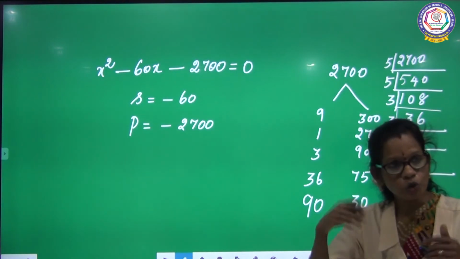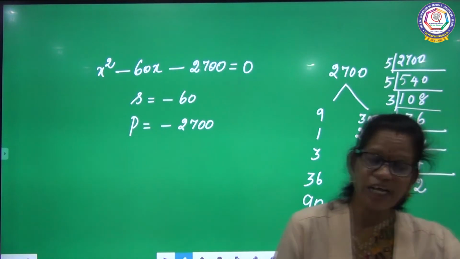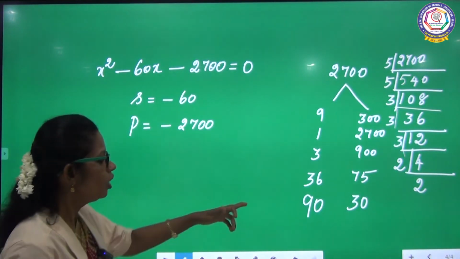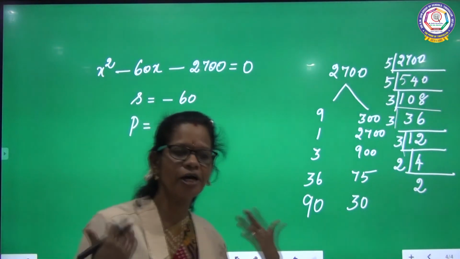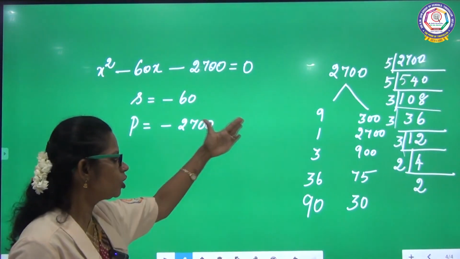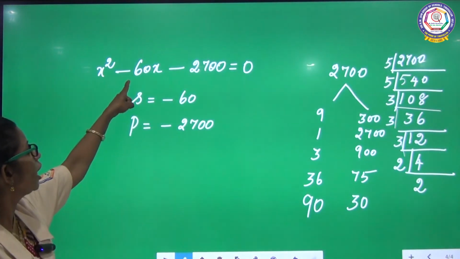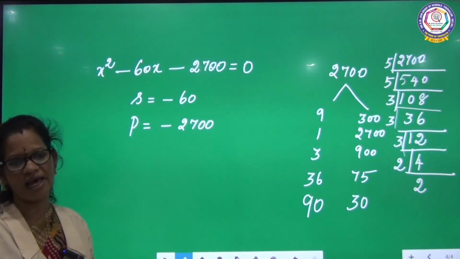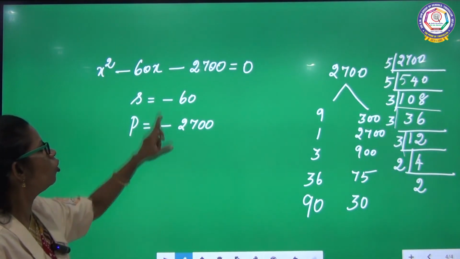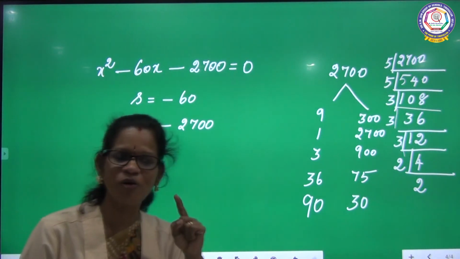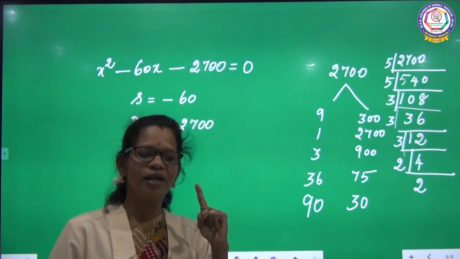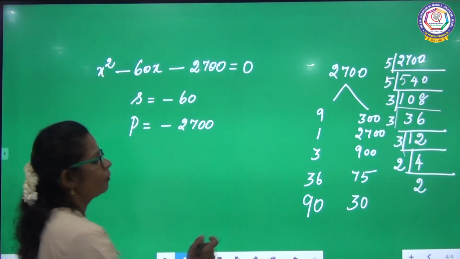See, you people used to do L-shaped division, then you write the possibilities, right? Which is apt whenever you select the possibility, several times I discussed. Based on your sum, you have to select. Sum is negative, product is also negative, so bigger number negative, smaller number positive.